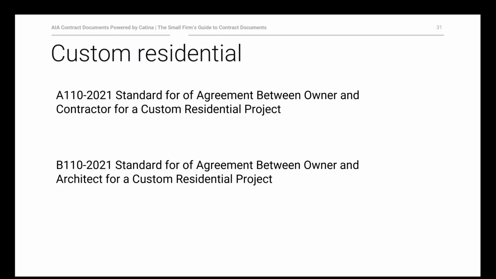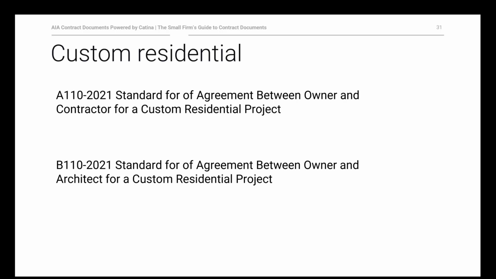Among other things, for example, the A110 is going to prompt the parties to include any particular Consumer Protection Act requirements or other jurisdictional requirements for residential construction. Again, recognizing that there are some nuances between residential construction and commercial construction.